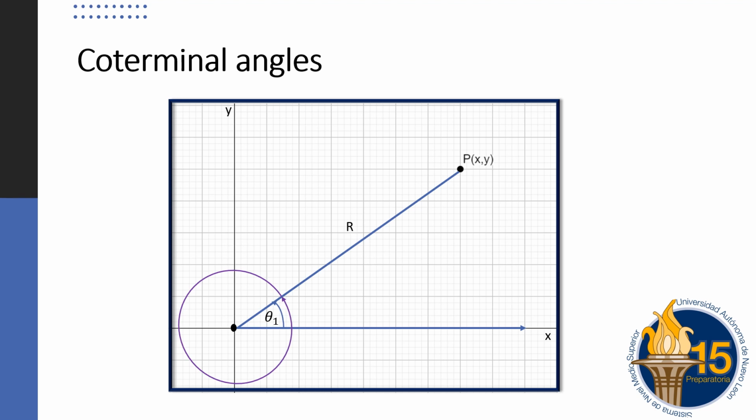One more spin, and it will reach the same terminal side again, and so on. These angles are called coterminal. They have different magnitudes but the same terminal side.